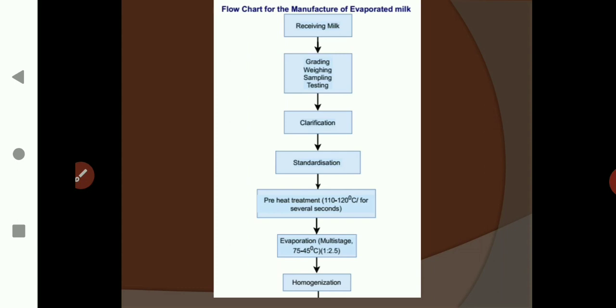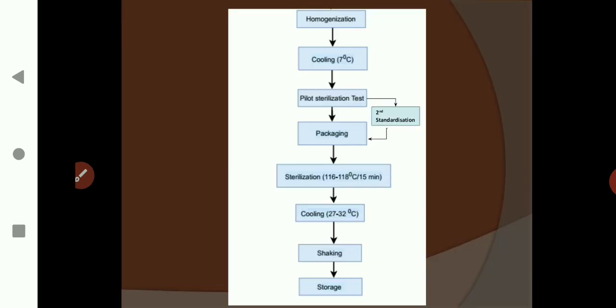See, up to first standardization, it is one and the same. We have seen these steps for sweetened condensed milk, so here I am going to skip the initial steps. You see the steps, you write down the things. This is one and the same for sweetened condensed milk. Now, after homogenization, it is cooled and the pilot sterilization test is done.